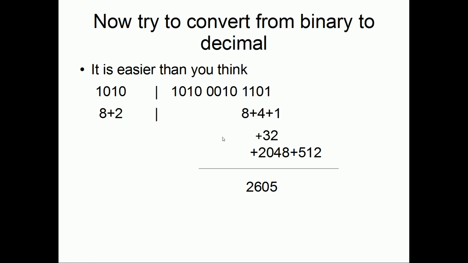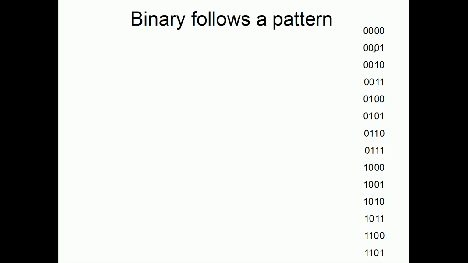So we're going to go ahead and click next, and binary follows a pattern, just so you know. This is 0, 1. Now once you get to the 2's place, there's only going to be 1 set of binary numbers that have true values, or on values, in that decimal place. So once we go from 1 to 2, there's only going to be 2 numbers that have that true.